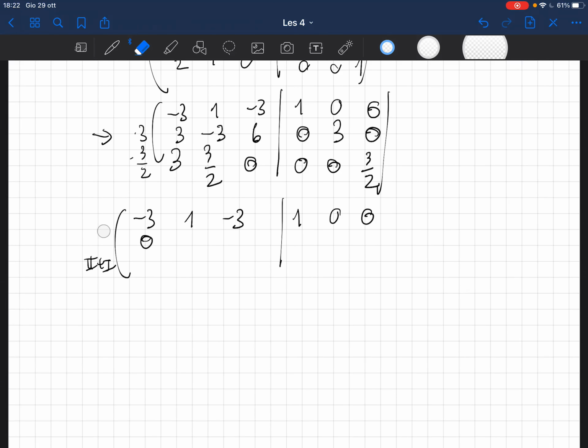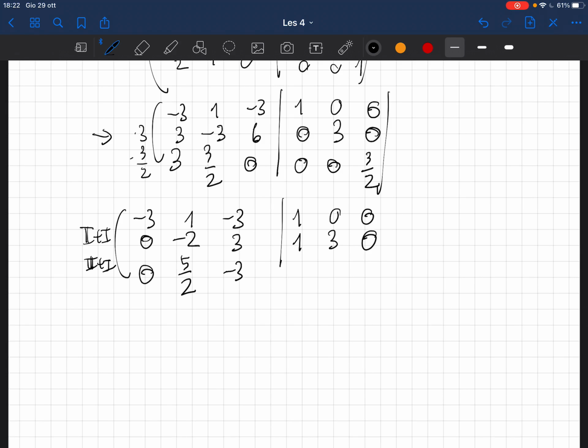Well, sorry, this is okay 0, and then minus 2, 3, and then this is 1 3 0, and here the same thing, so 0. Here what you have is, I think, 5 over 2. Here you have minus 3.